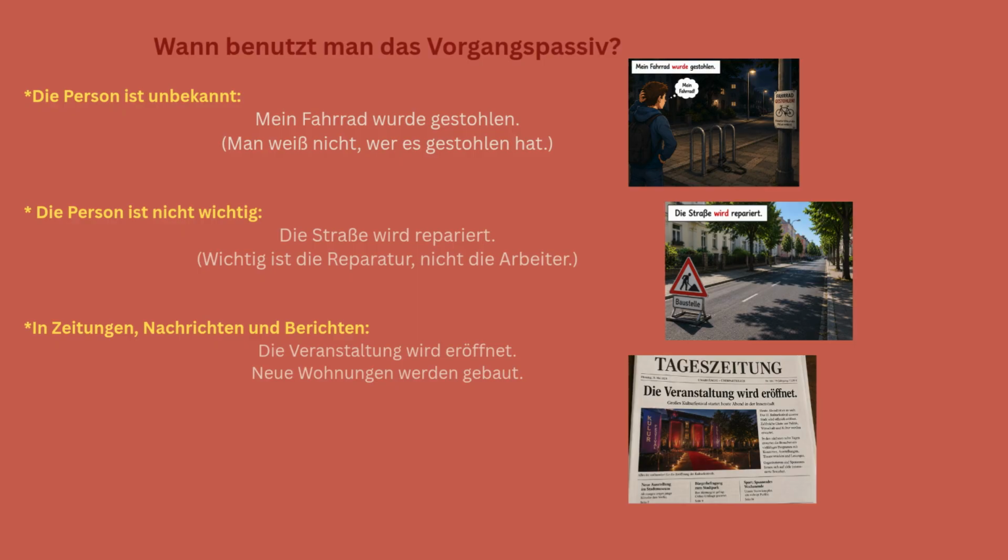Somehow you go outside and notice that the road is being repaired. So you can say, die Straße wird repariert. Wichtig ist die Reparatur, nicht die Arbeiter. In Zeitungen oder Nachrichten und Berichten, we can use this type of passive sentences.